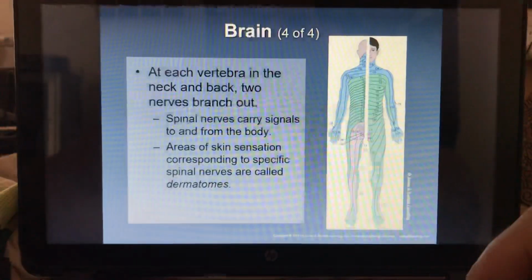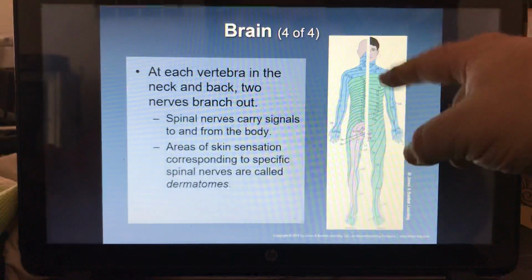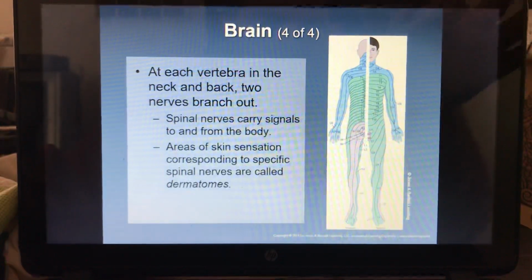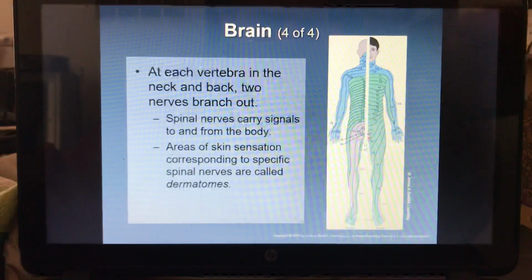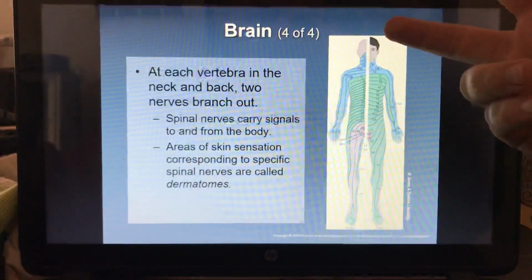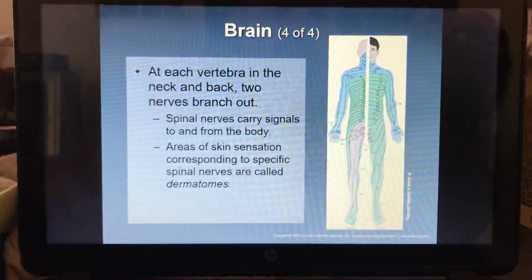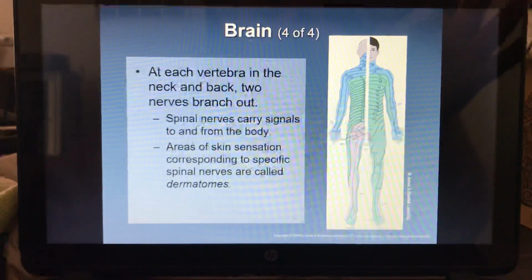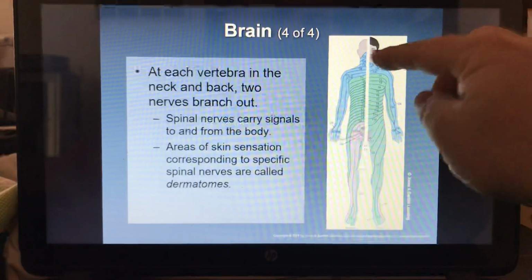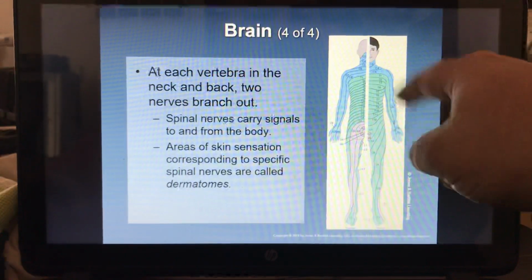One of the things I do want you to realize, though, I'm going to back up, is that depending on where your pain is localized, if you do have pain, and that sensation of pain is being relayed back to the brain, you now know what area is being affected, or what nerve. Because sometimes you can actually pinch a nerve and the pain radiates all the way down to certain areas.